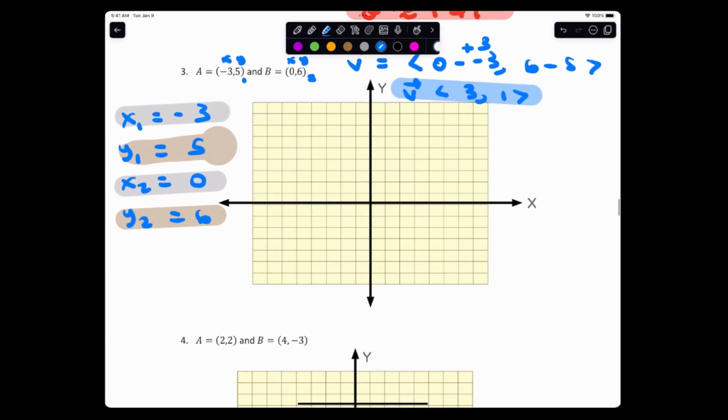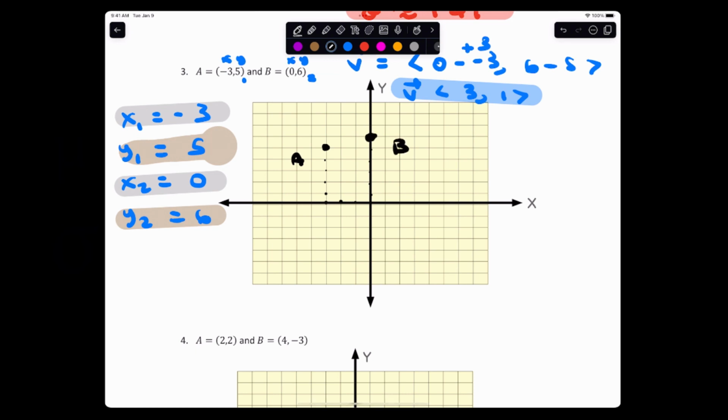So plotting these, let's take a look at this. You want to go to the left 3 units for A, the first point. 1, 2, 3. 5 units up. 1, 2, 3, 4, 5. So here's A, and then 0, 6. X is 0, Y is 6. 1, 2, 3, 4, 5, and what?